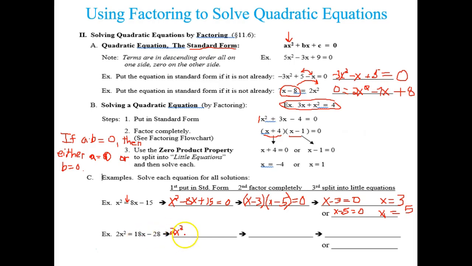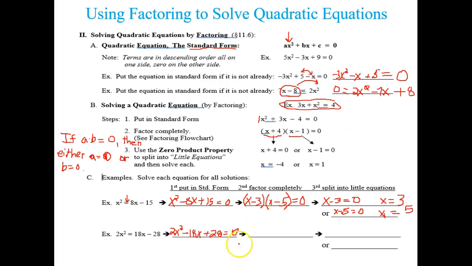And then I'll have minus 18x because I moved it over to the other side, so it becomes the opposite of what it was. And then I have a negative 28, but I'm going to move it over to the left side, so it'll become a positive 28. And then all of that equals 0. I'm having trouble writing.